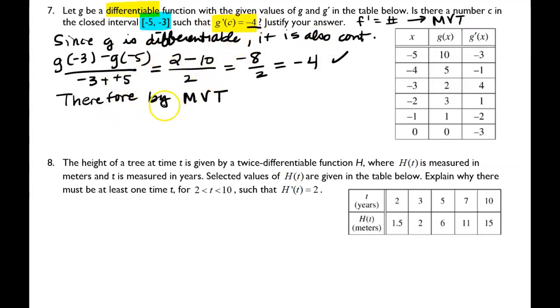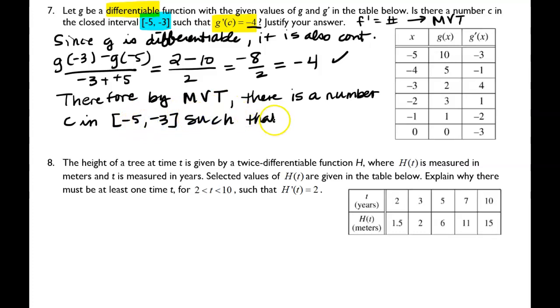So that's what I'm going to say. But what you can do is just basically repeat the language in this problem. Therefore, by MVT, there is a number c in the closed interval -5 to -3 such that g prime of c is equal to -4.